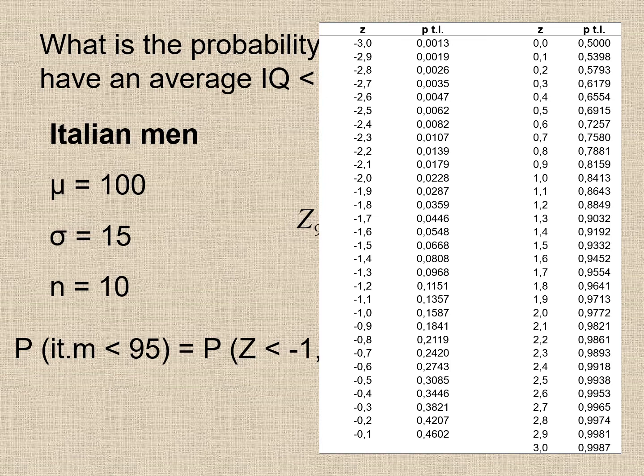So let's have a look at the value minus 1.1 instead. And what does it say there? It says that 13.6% of the zeta distribution is to the left of the value minus 1.1. And we just said that this probability that we want to calculate corresponds to exactly this value. So we have our answer here.